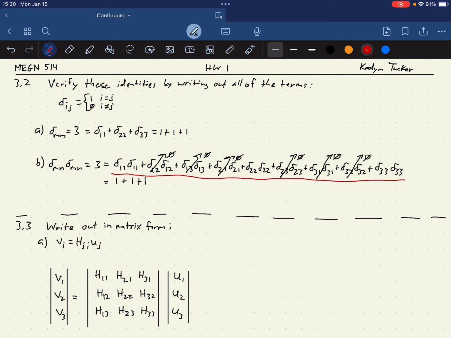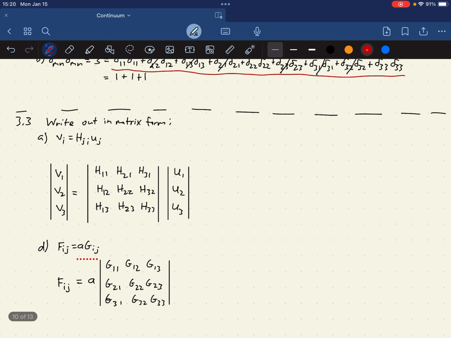Then we are left with these 3, which each have the same index, which means that the deltas are equal to 1. In each case, 1 times 1 is 1. So we end up with the same thing from part A, 1 plus 1 plus 1, which equals 3.